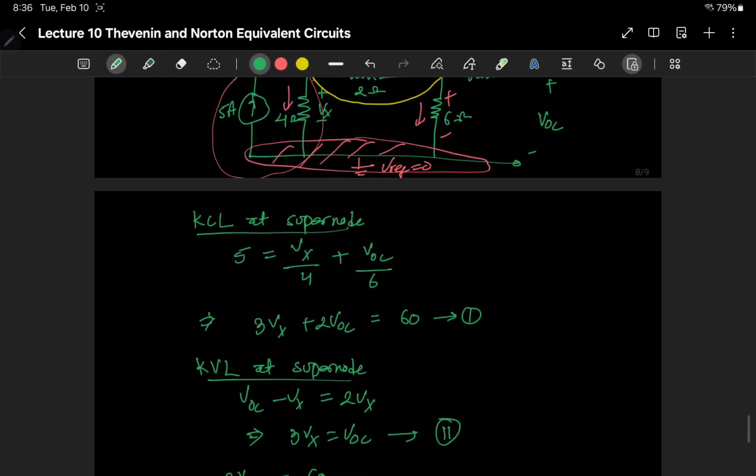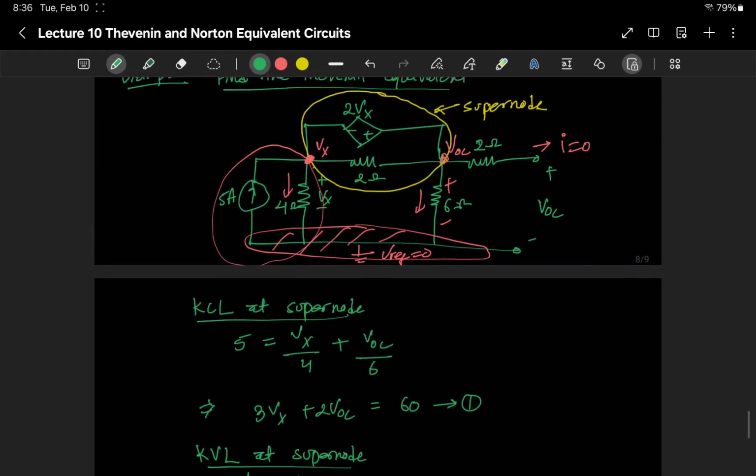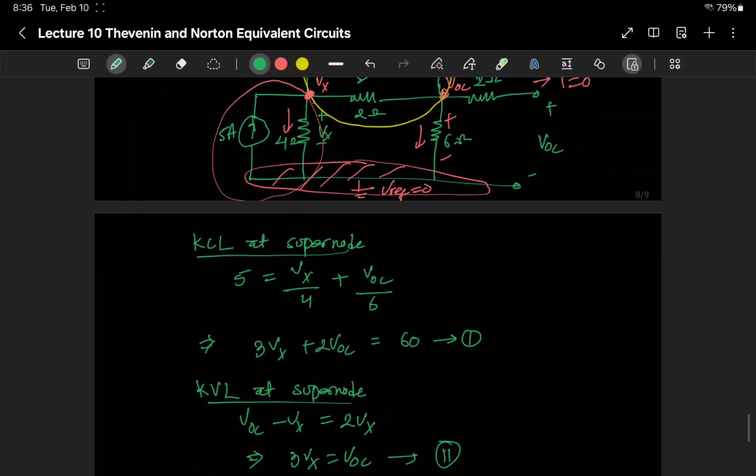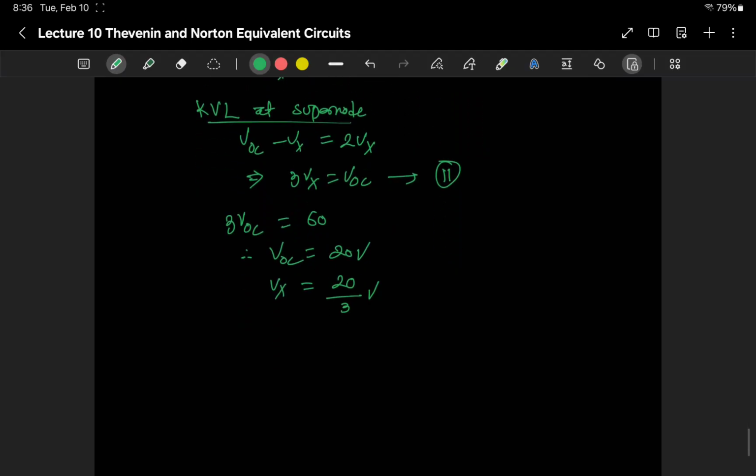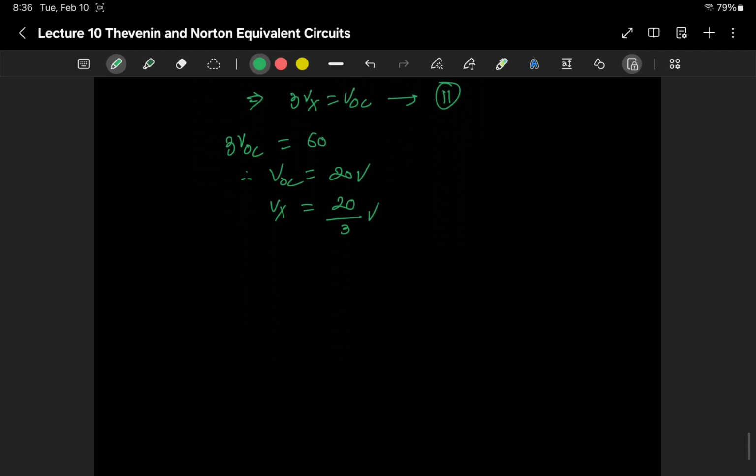Okay, now for resistance we can use the alternative method here. So remember the steps. Let's write this: alternative method for resistance. So step 1 was deactivating the independent sources.